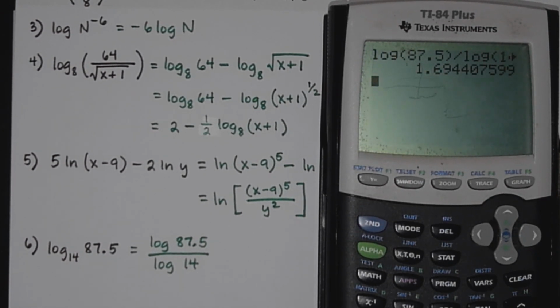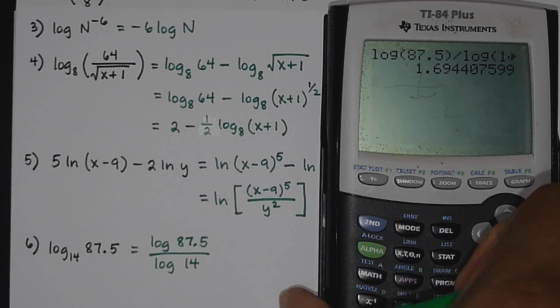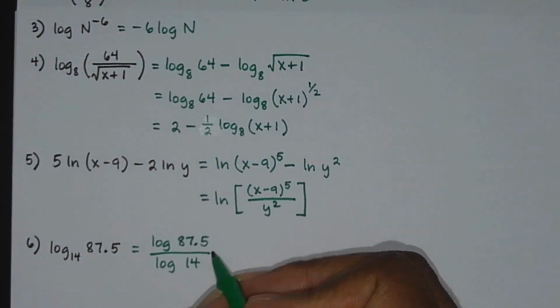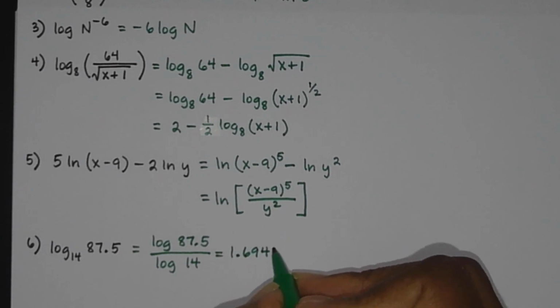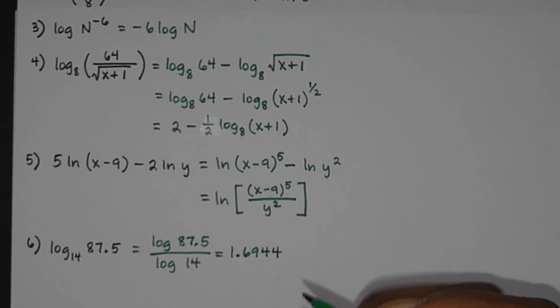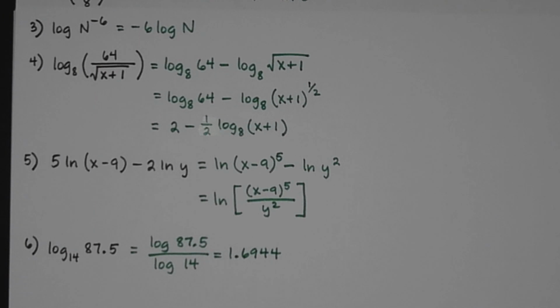So to 4 decimal places, what would this amount be? Okay, 1.6944. So that's what log to the base 14 of 87.5 will be, 1.6944. Okay. Any questions on problem number 6?